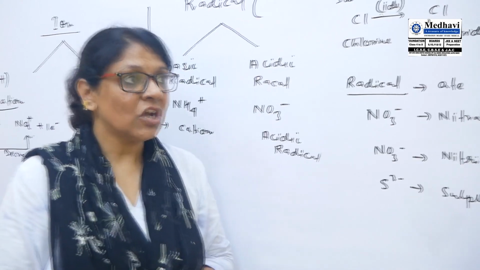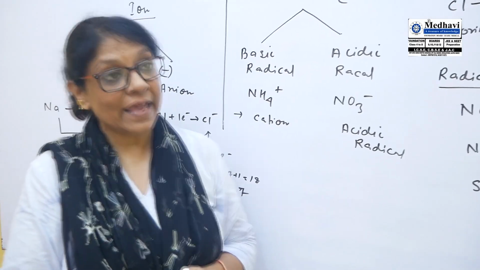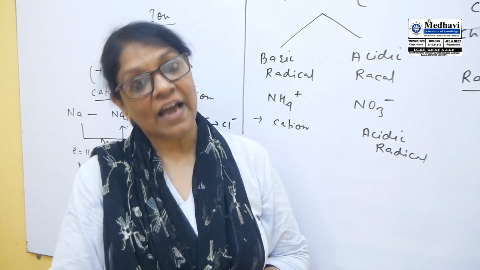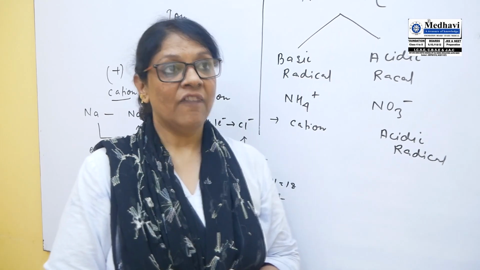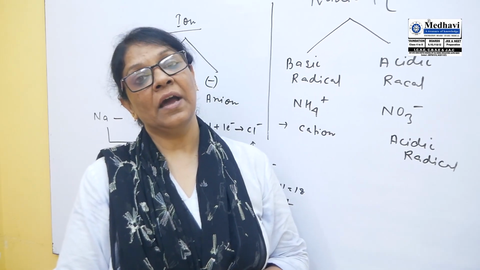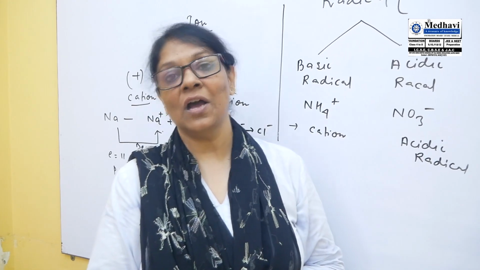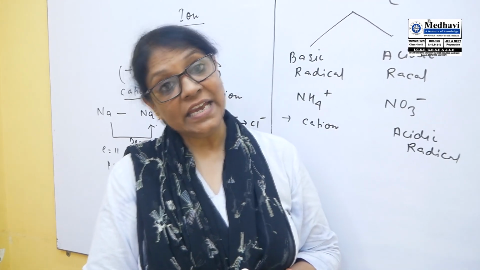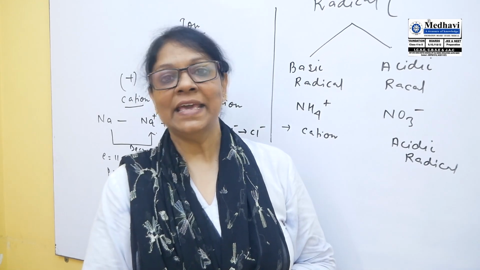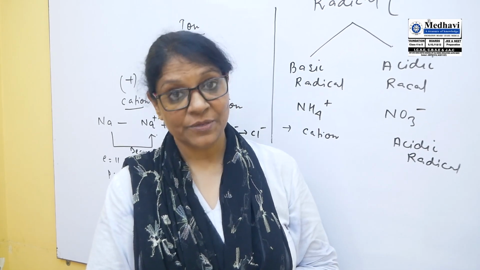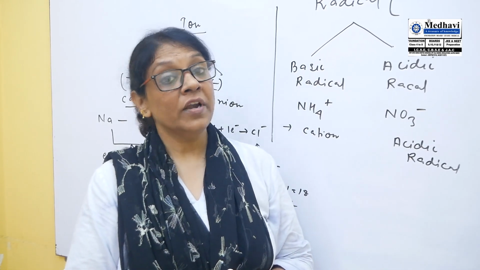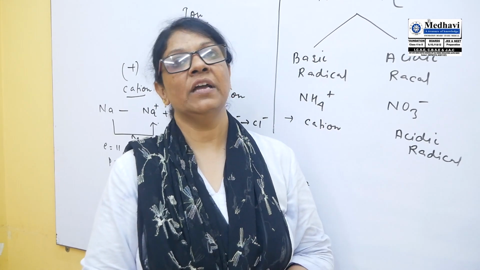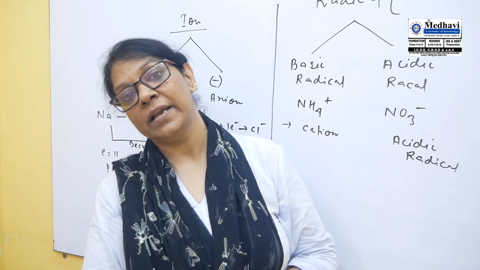Now the next topic that we need to explain, a very important part, is valency. Valency is the combining capacity of an element, or we can say it is the bond making capacity of an element. Suppose sodium reacts with chlorine to produce sodium chloride.